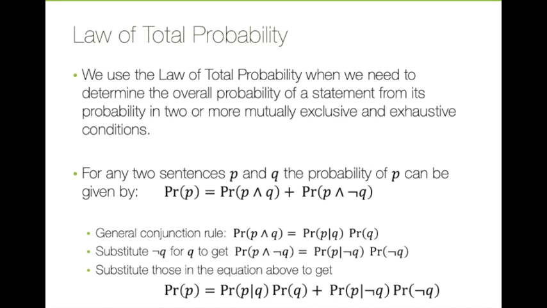So first, we need the formula for calculating P and Q. Then we need the formula for calculating the probability of P and not Q. And we substitute those into the conjunctions in the equation above to get the more complex but more useful version of the law of total probability, which is given in that formula at the bottom. The probability of P equals the probability of P given Q times the probability of Q plus the probability of P given not Q times the probability of not Q.